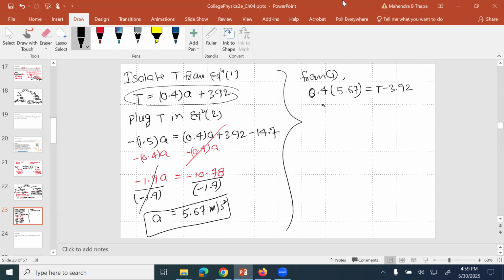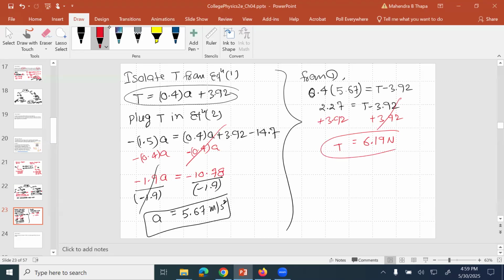That gives 2.27 equals T minus 3.92. I add 3.92 to both sides. That gives T equals 6.19 newtons. That's how we get both the acceleration and the force on the string.